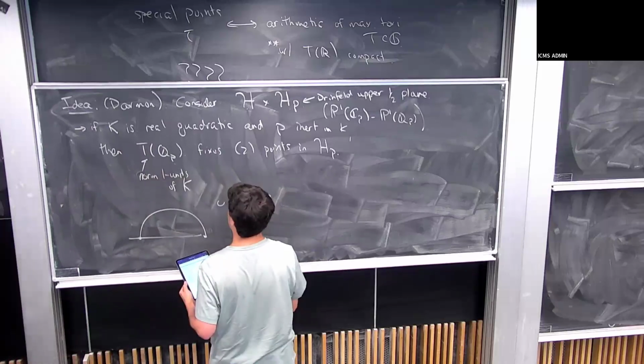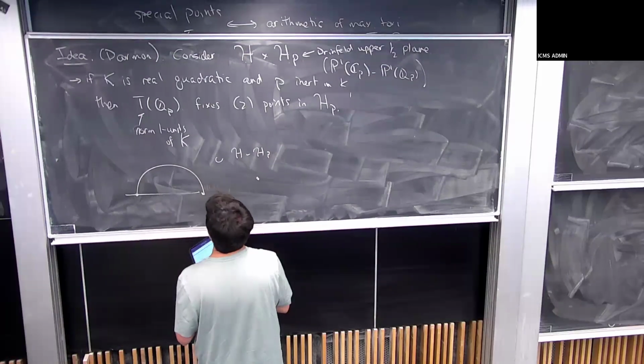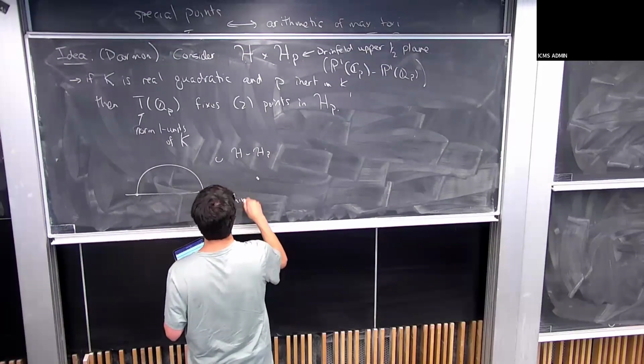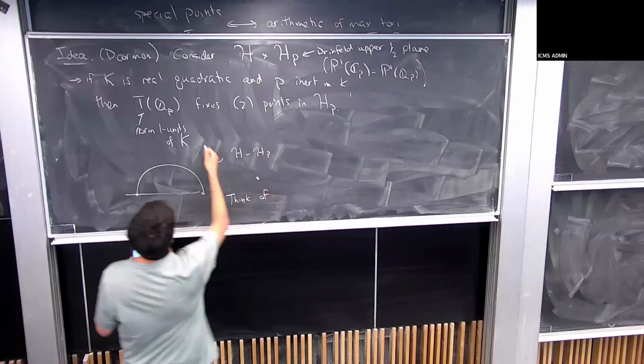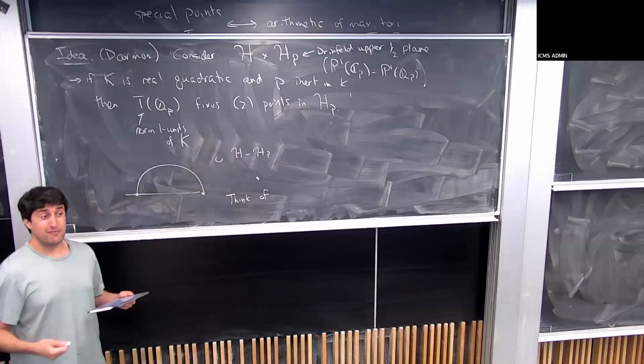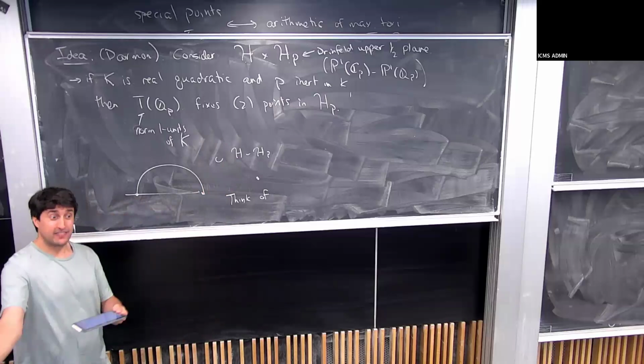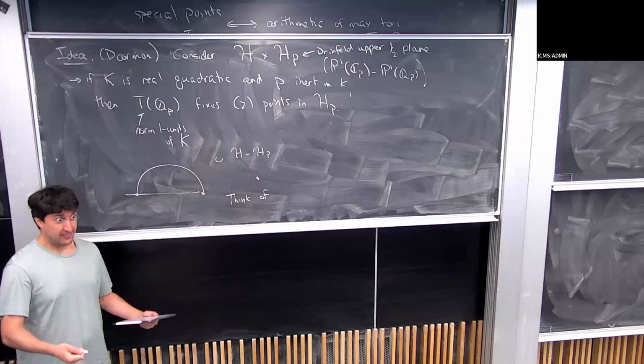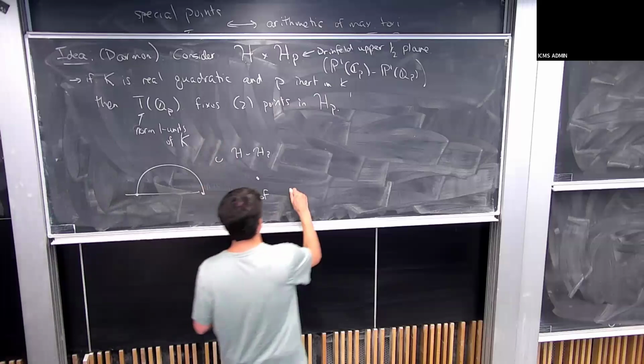Okay, so Henri's idea is that we should think of this H cross HP as being like a Hermitian symmetric domain, a kind of analytic space that uniformizes something like a Shimura variety.